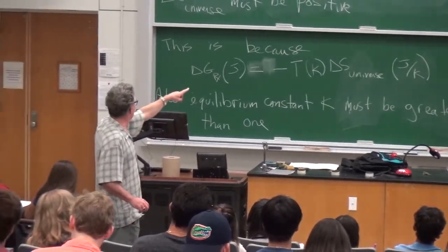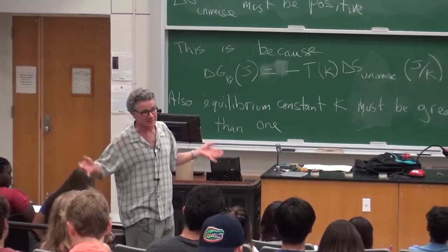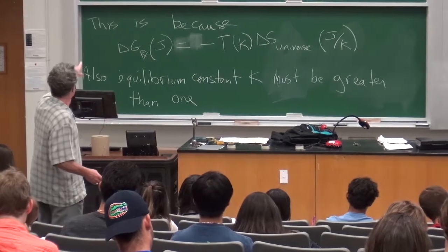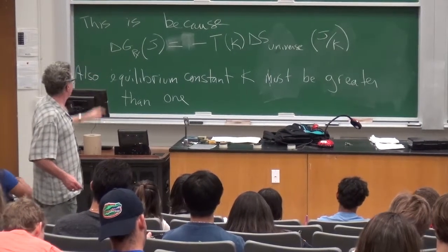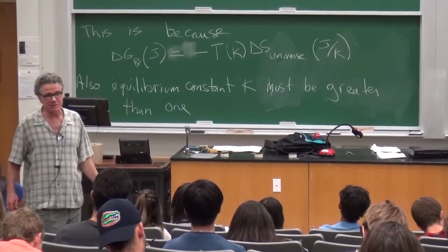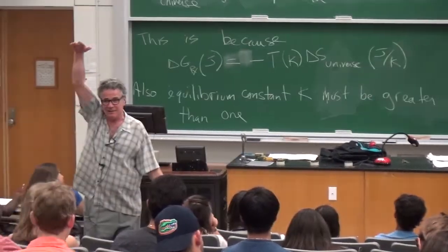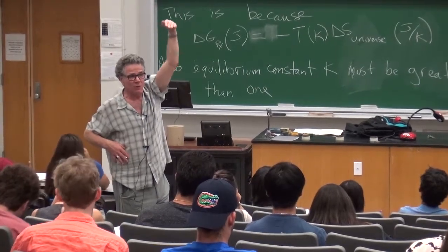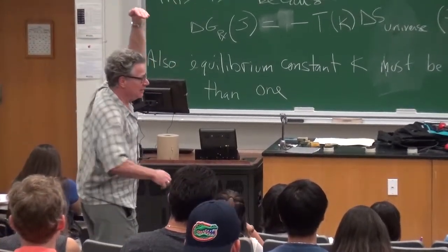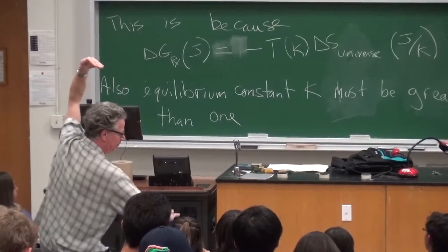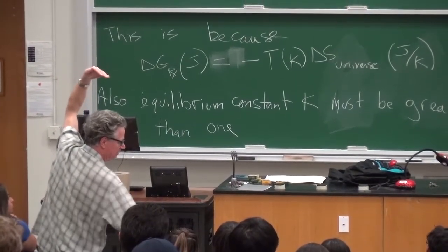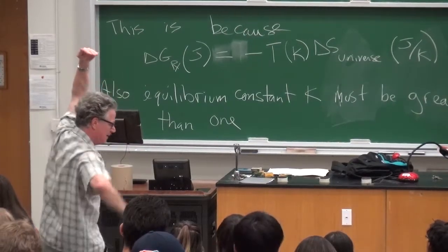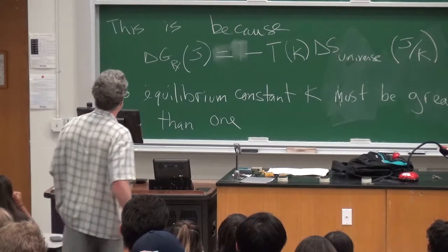For a reaction to be product favored or spontaneous, again at STP, we've got to specify temperature, pressure, etc. We now know that delta G reaction must be negative. Simplest way to think about that, the reaction starts up here in free energy with the reactants, and the products are down here in free energy. So delta G is negative because it starts here, high, and ends here, low.